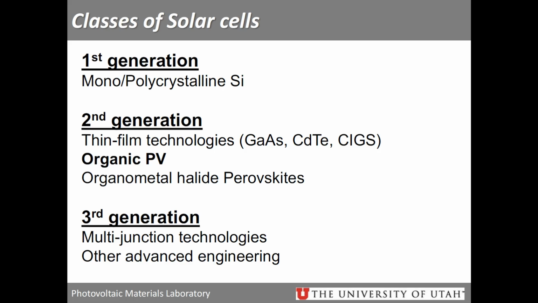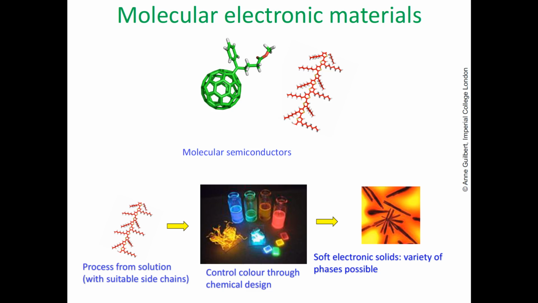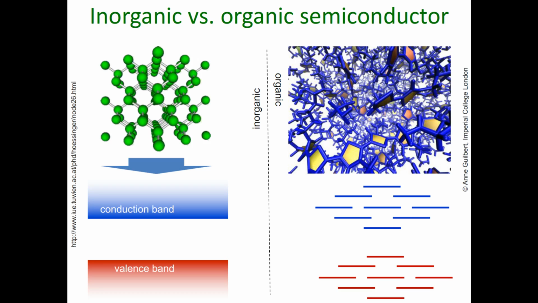Now, apart from these thin film technologies, apart from cattail and silicon, we also have these organic electronic materials, or organic molecules, which again can be used to make these kinds of solar cells. In the second generation, people mainly concentrated on the material perspective of these solar cells. The advantage of these organic semiconductors is that instead of a valence and a conduction band, you have orbitals.